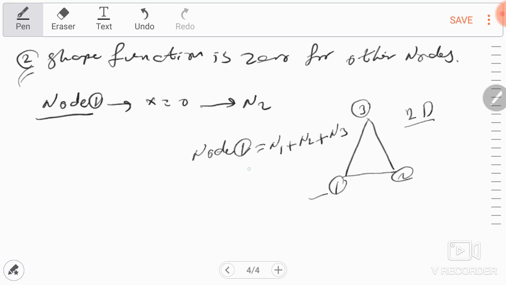For this one it will already be 0, so no need to spend your time, just neglect it and use node number 2 and node number 3.